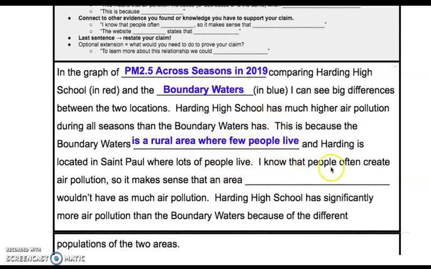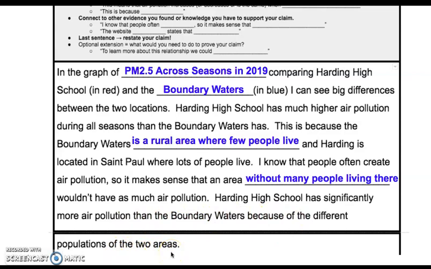I know that people often create air pollution. We make it. So it makes sense that an area without many people living there wouldn't have as much air pollution. Harding High School has significantly more air pollution than the Boundary Waters because of the different populations of the two areas.